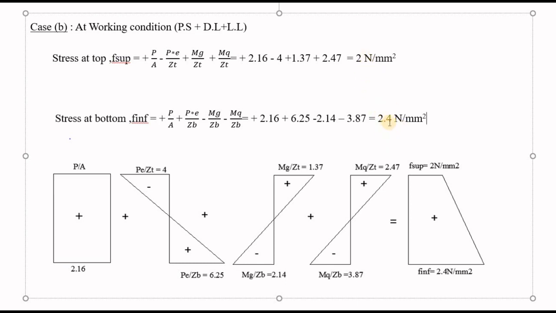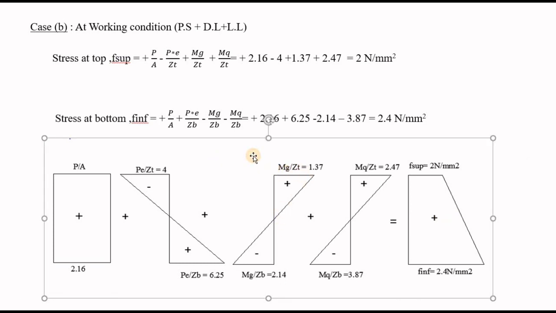This is more than the top layer value. The bottom layer is 2.4 Newton per mm square. So the top layer should be lesser than the bottom one. As the bottom value is more, it should be of more length, and this should be of less length, and join it, as both are positive, no problem. The variation will be like this. This is nothing but the resultant stress distribution variation. So this ends the second problem.